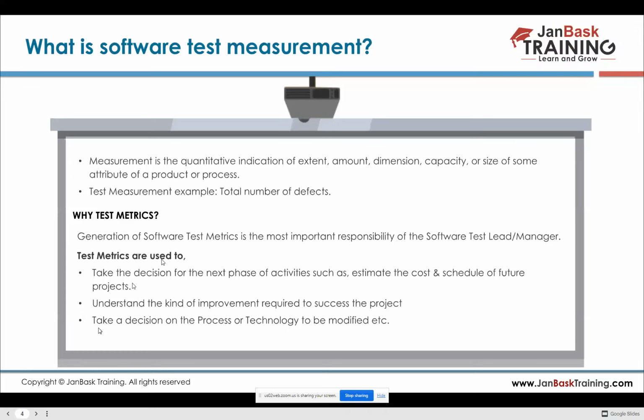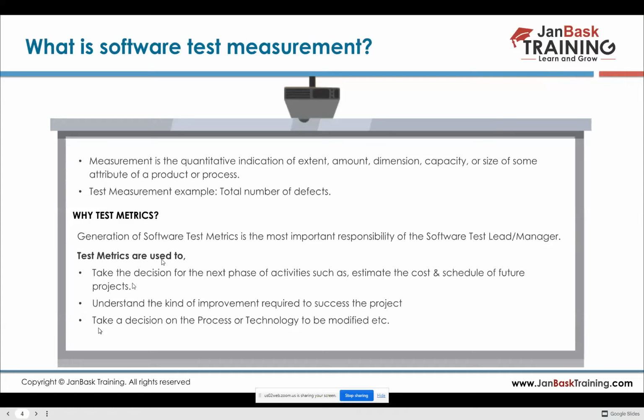During the defect life cycle, we have seen that whenever you are logging any bug, the developer will first check whether the bug is correct or not, whether the defect is valid or invalid. So now if you are logging defects which are invalid, the developer will continue to mark those as invalid defects.